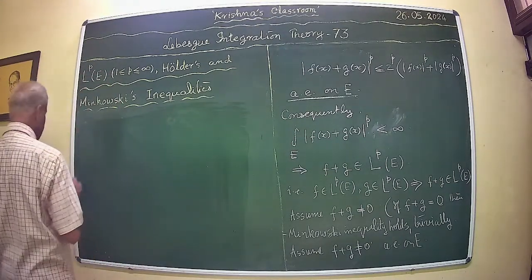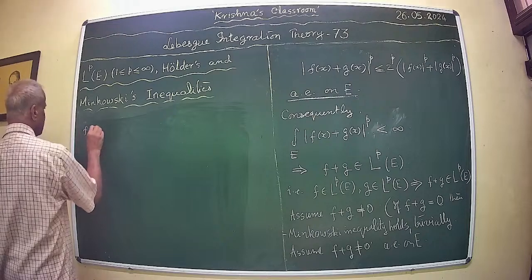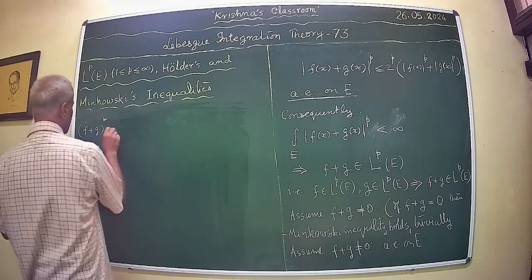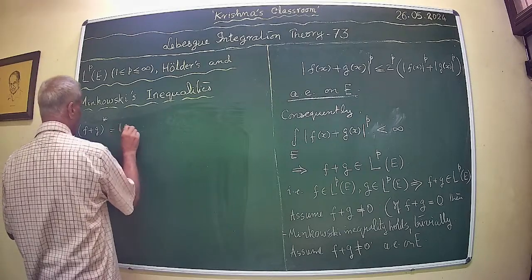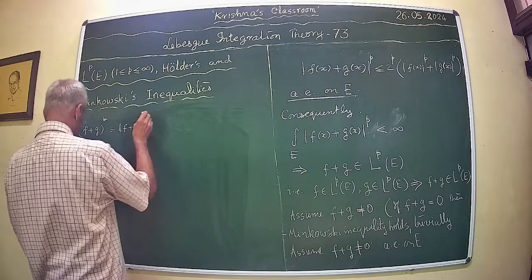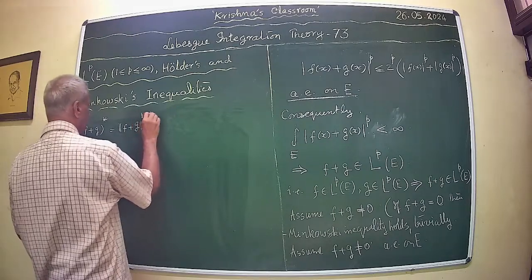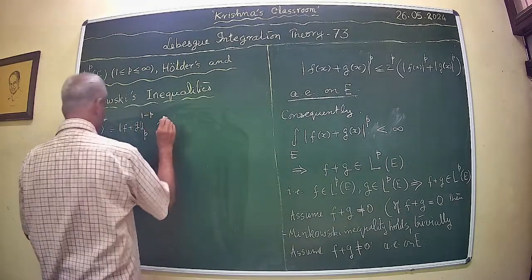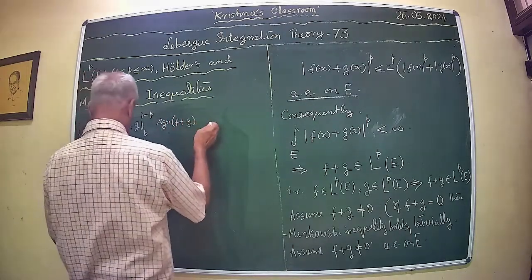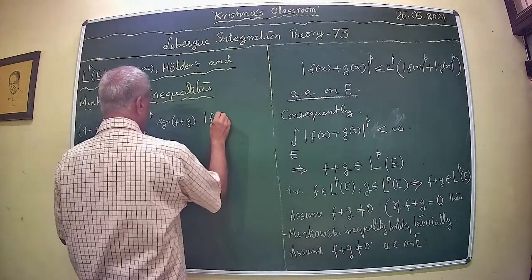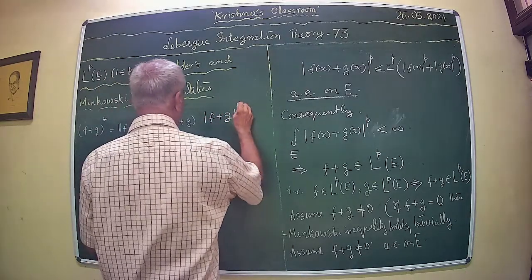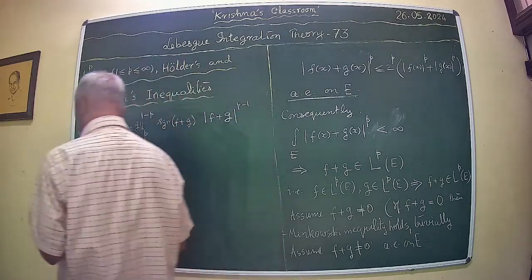Then what we have is, compute F plus G star. This is equal to, by definition, this one.